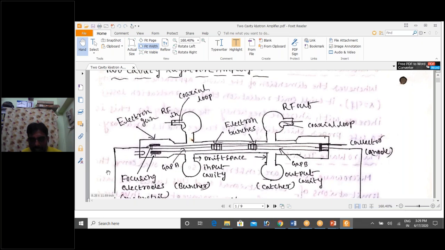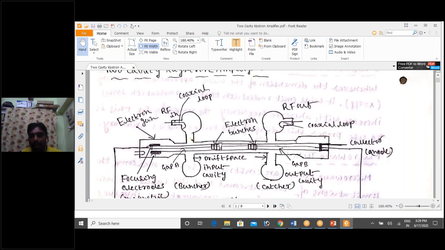So for the electromagnetic signal, the radio frequency signal we apply at the input, the electrons go from input side to output side in the form of bunches that we call electron bunches. Suppose I take 1, 2, 3, 4, 5 electrons forming a bunch, and these 5 electrons move from input side to output side.